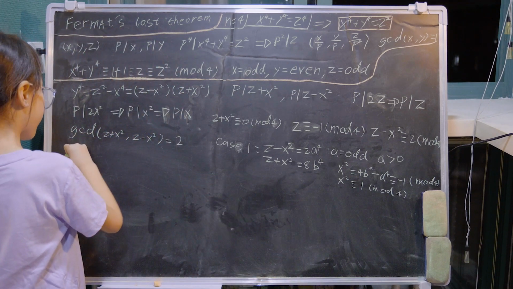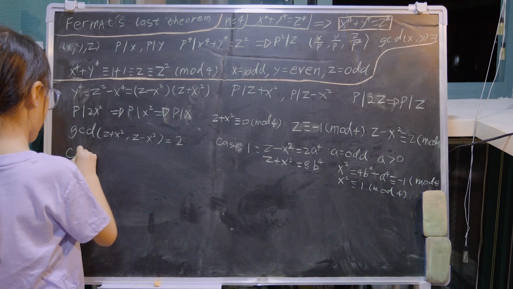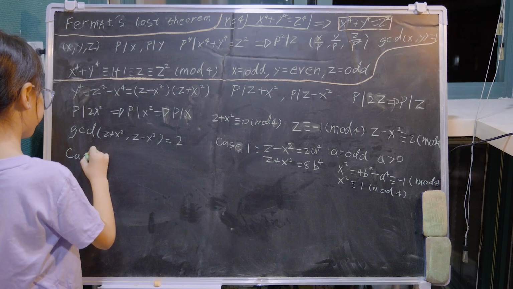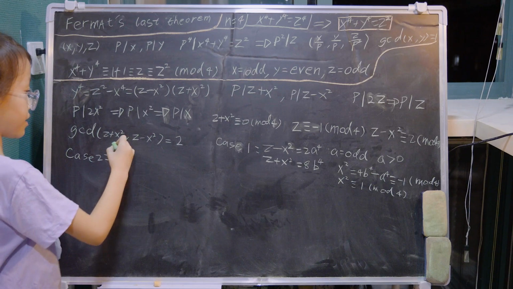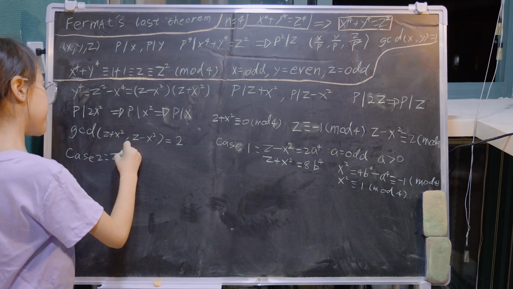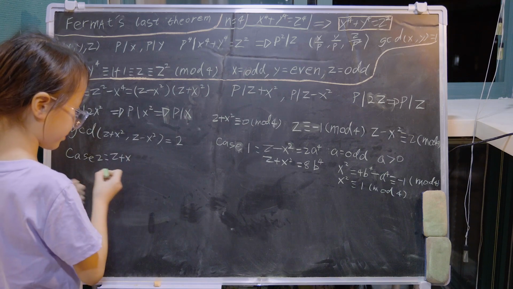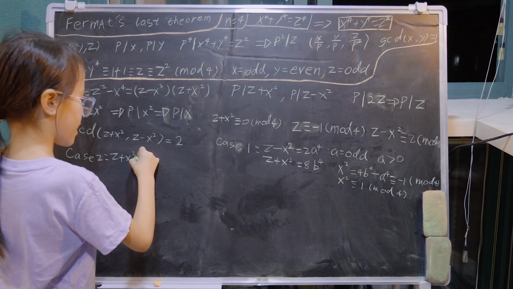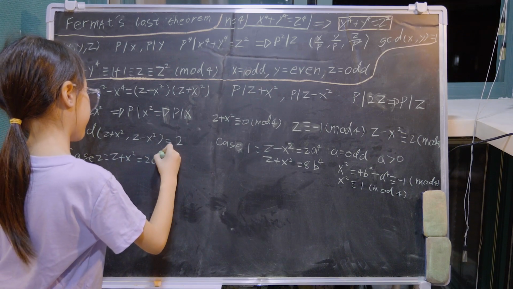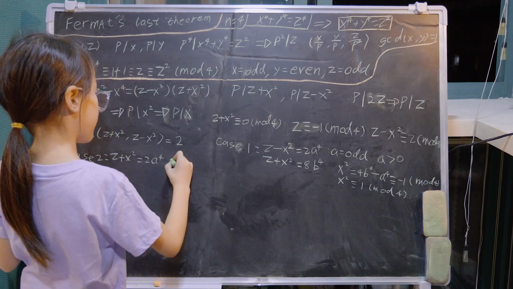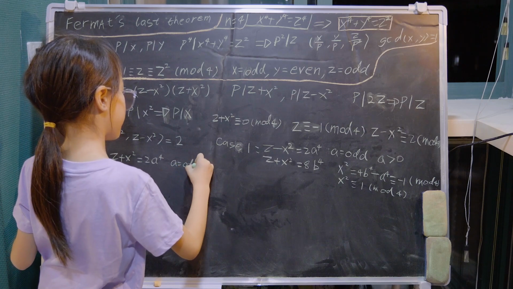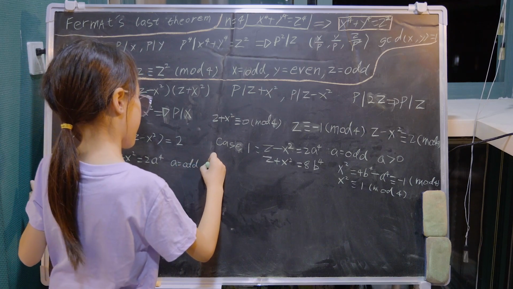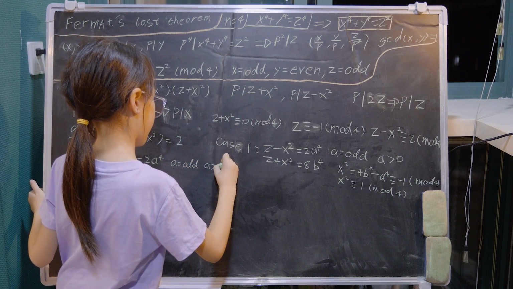Of course, we know there is a case 2, right? Case 2 is z plus x squared is equal to 2a to the 4, and a is odd, a greater than 0.